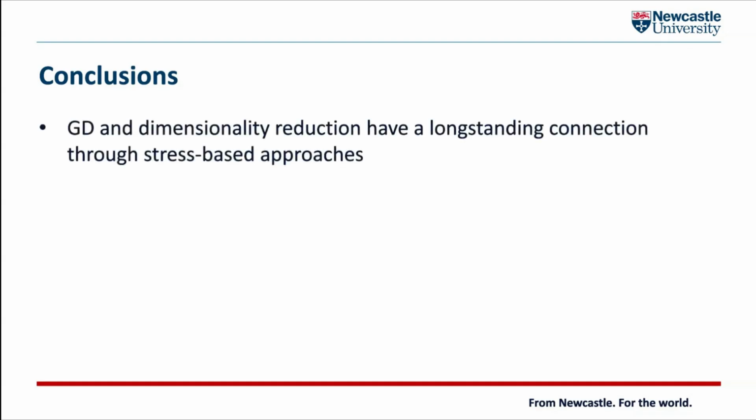So GD and dimensionality reduction do have a strong connection, and they have a long-standing connection. In the 90s, they were writing about this connection. But nowadays, because the machine learning field is gigantic, and dimensionality reduction is what they're interested in, they mostly look at dimensionality reduction and rarely look back at GD. And we can say the same thing with ourselves.